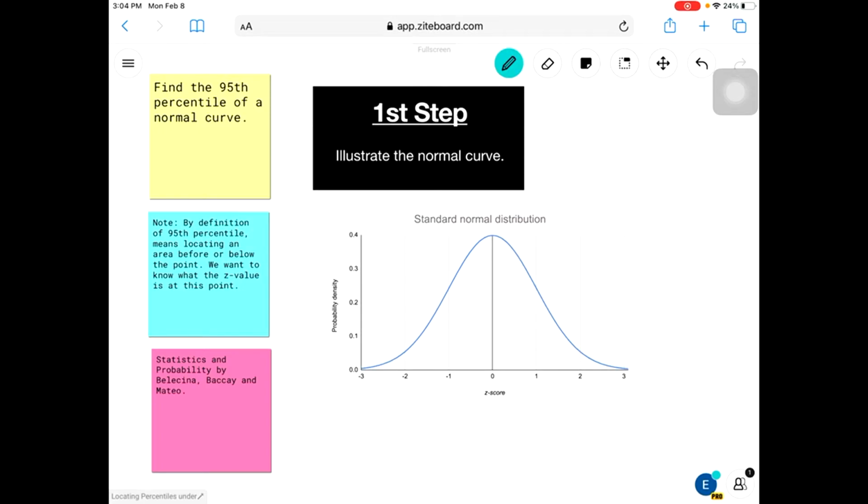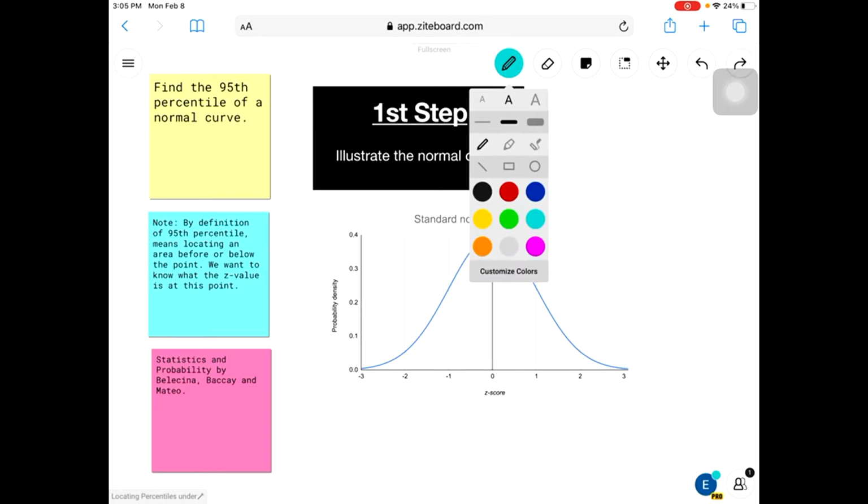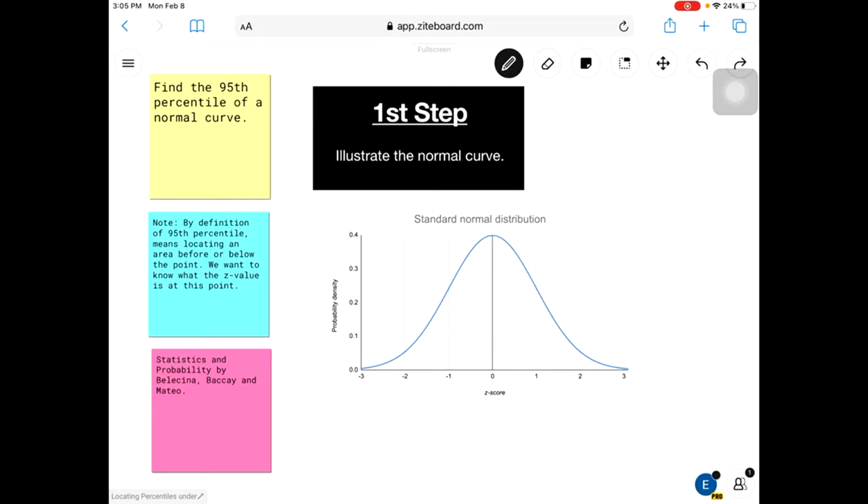The first percentile is at the leftmost part of the normal curve, the 50th percentile corresponds to the mean or the center, and the 99th percentile will be at the rightmost part. So this is now the working normal curve for this sample exercise.